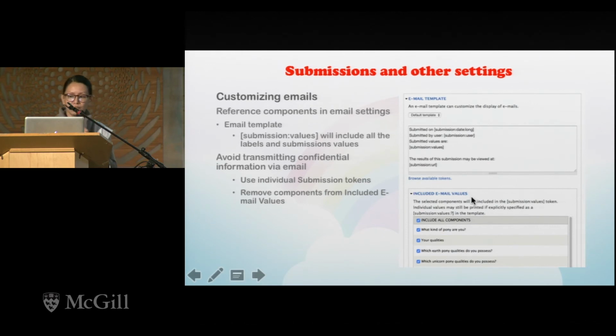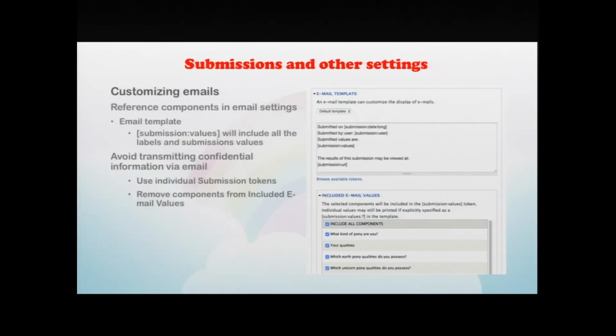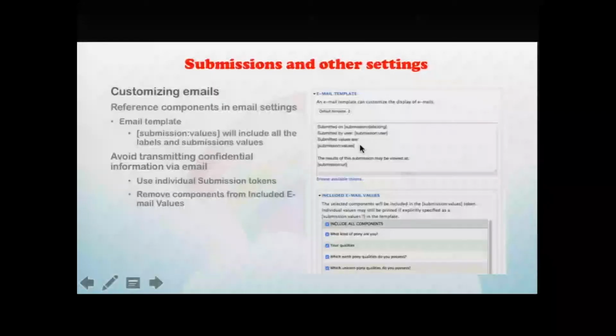will be included. Because we're going to tell you that you should avoid transmitting confidential information from your submissions via email, you can do two things to guard against that. The first thing is to just remove this token that you see over here, and then just use individual submission tokens.